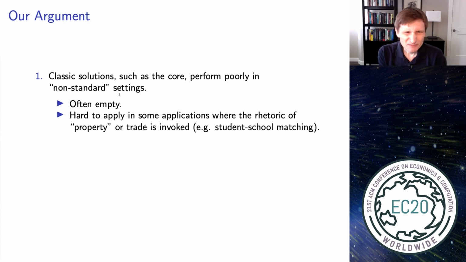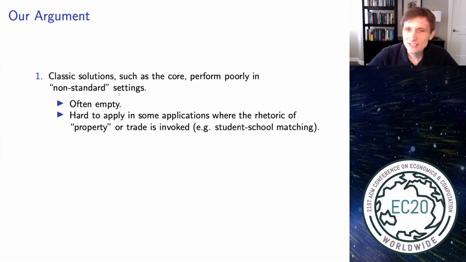Now, when you think about complex property arrangements, you quickly run into the observation that classic solutions, such as the core specifically, perform poorly when things are non-standard. The core, for instance, is often empty, and I'll show you some easy examples of where that happens.